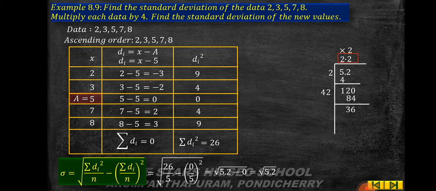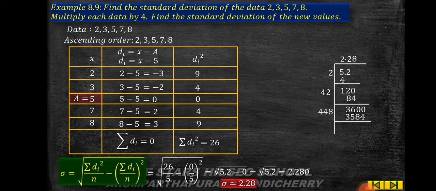So 22 into 2 you get 44. 448 into 8 gives 3584. So you get the standard deviation sigma as 2.28. So sigma is approximately equal to 2.28.